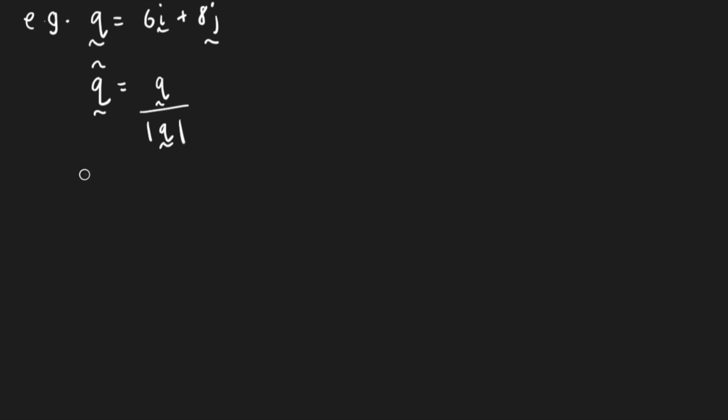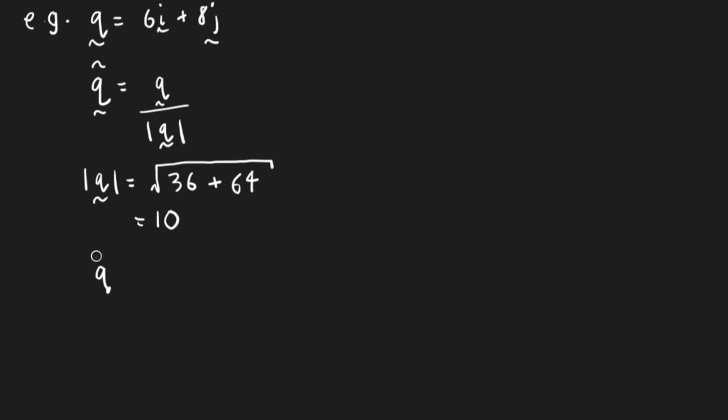And what is the magnitude of q? Well, that's just the square root of 6 squared, which is 36, plus 8 squared, which is 64. That adds to give 100. So when you square root 100, you get 10. Therefore, the magnitude of that is 10.